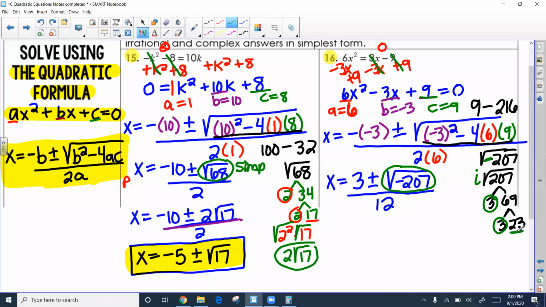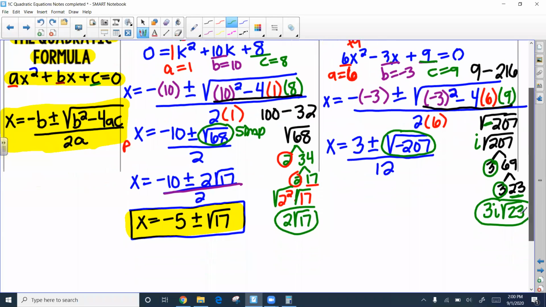and a 23 left over, which means when I simplify this, the 3 from the pair is going to go on the outside along with the i. So this is going to simplify to 3i square root of 23. So this radical, square root of negative 207, can be replaced with this 3i square root of 23.